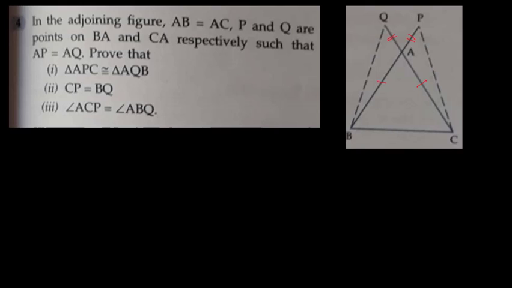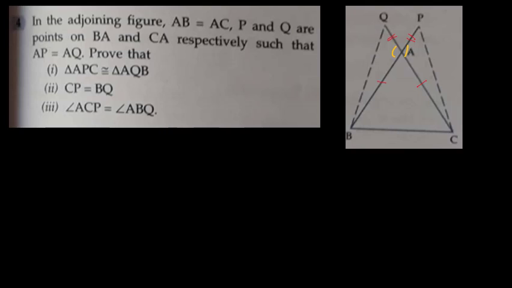Now I have to prove that triangle APC and triangle AQB are congruent. Easily you can identify that this angle and this angle are equal because they are vertically opposite angles. So again, I have the side angle side criteria to prove that these two triangles are congruent.